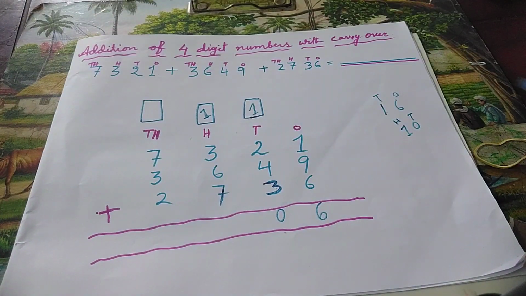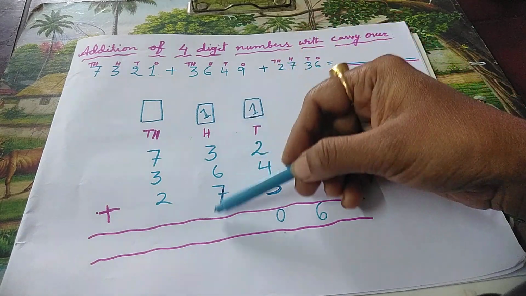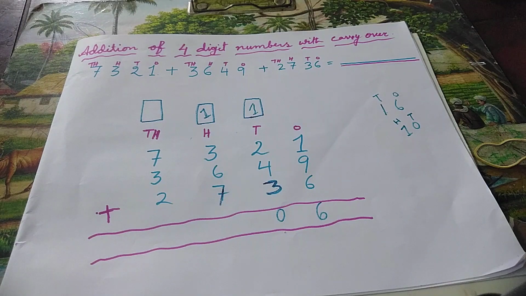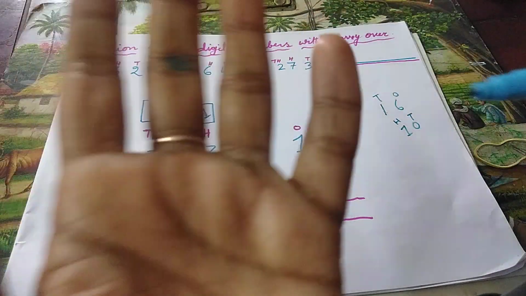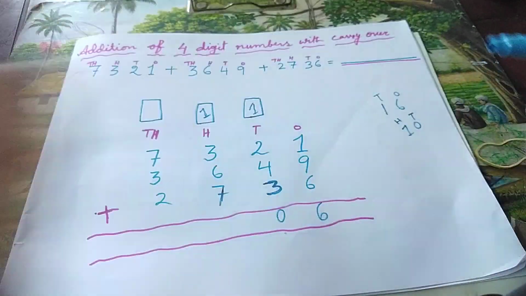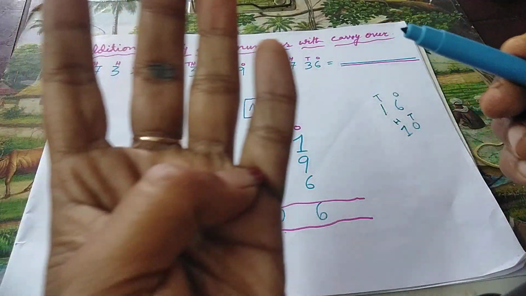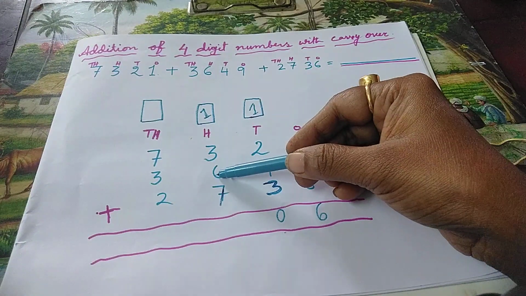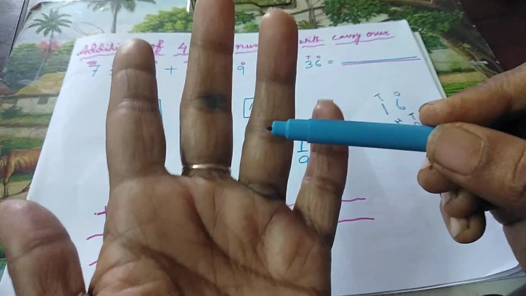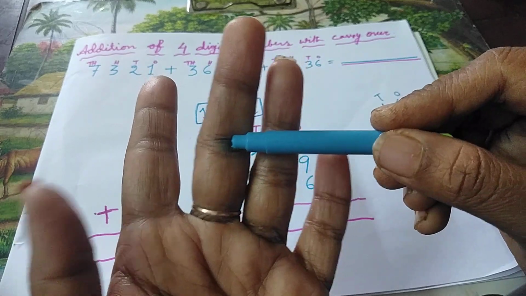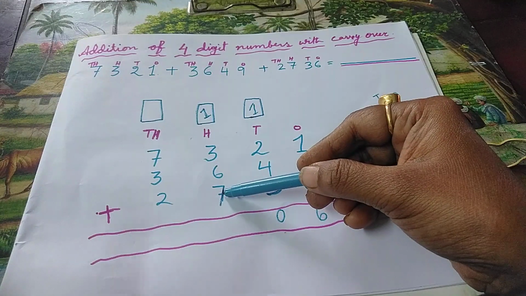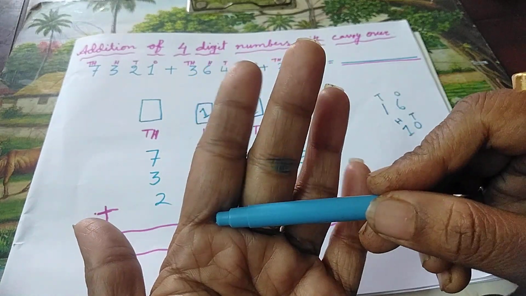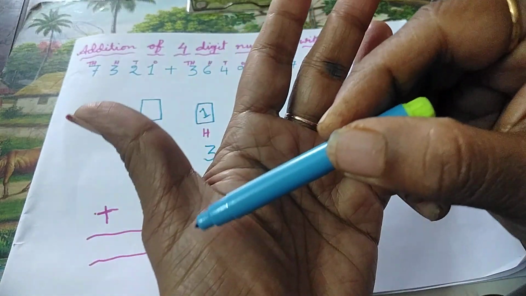Okay. Now add all the digits those belong to hundreds place. The first is 1. Count 1. The second is 3. Count more 3 lines. 1, 2, 3. The third digit is 6. Count more 6 lines. 1, 2, 3, 4, 5, 6. The last digit is 7. Count more 7 lines from the next line. 1, 2, 3, 4, 5, 6, 7.